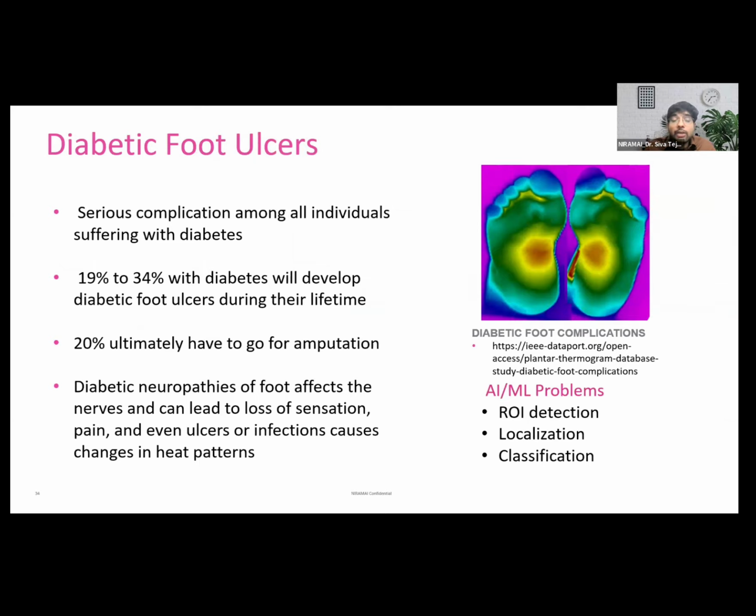Diabetes is increasing, and more younger women and a younger population are also getting diabetes. If you see the statistics, 19% to 34% of the population with diabetes will develop some kind of diabetic foot ulcer during their lifetime. And 20% of them ultimately have to go for amputation, wherein we have to remove a section of the leg or the full leg itself.